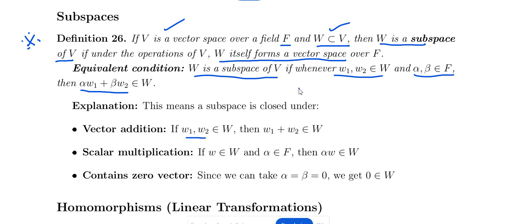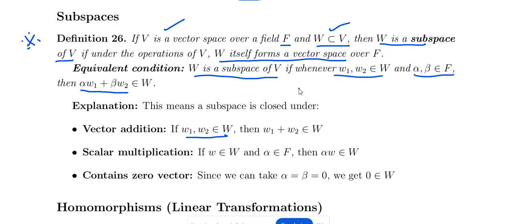That is equivalent to this condition, W itself forms a vector space over F. We already studied subgroups, that is the closure and inverse satisfaction. If x, y belong to the subset of the group, and x y inverse also belongs to the subset, then that is a subgroup.